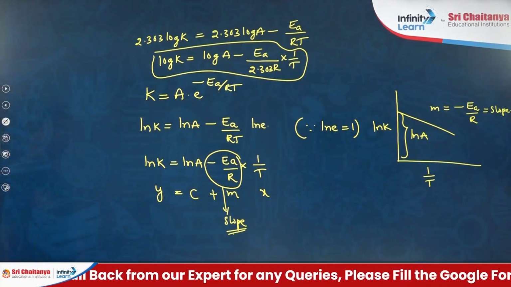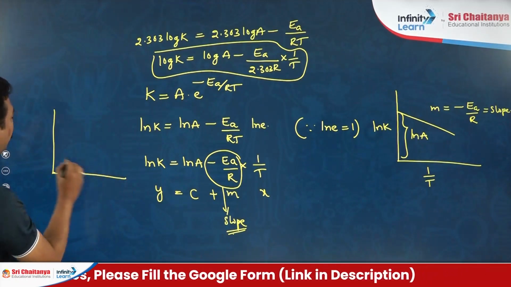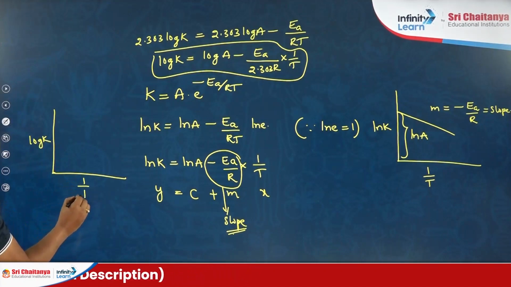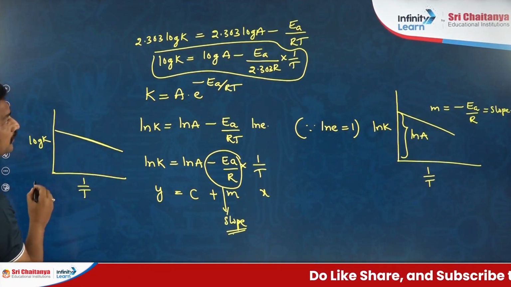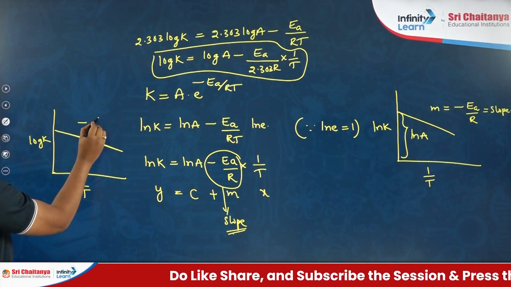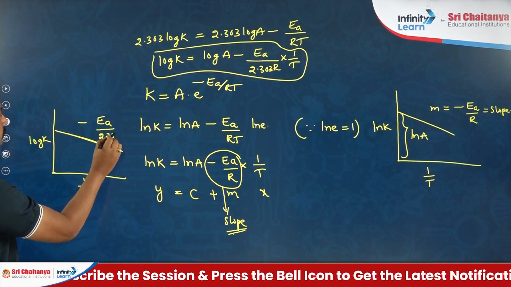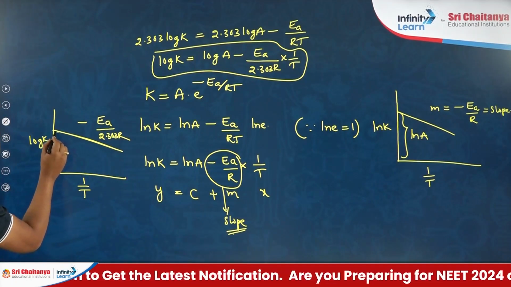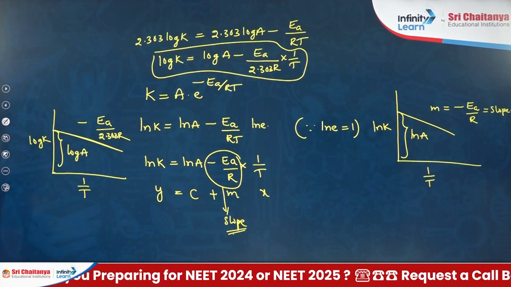When you plot a graph between log K and 1 by T, we have a straight line with a negative slope, whose slope value is equal to minus EA by 2.303 R, and the intercept value is log A. Same graph only.